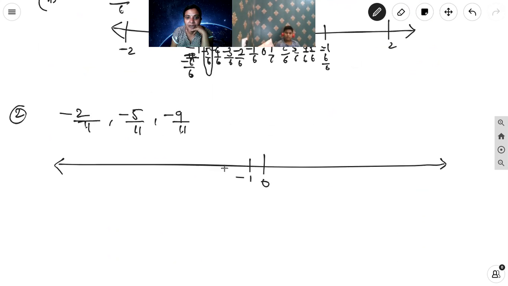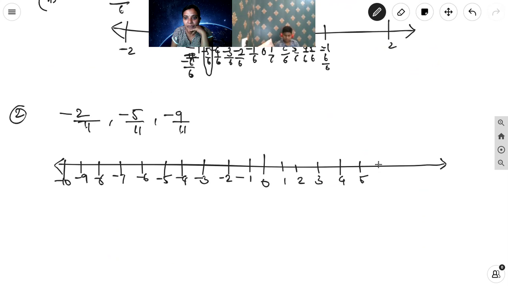Left side negative values, minus 1, minus 2, minus 3, up to minus 10. Right side 1, 2, 3, 4, 5, 6, 7, 8, 9, 10 like that.